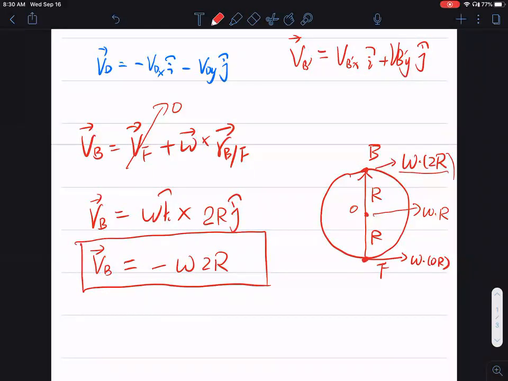If you go up to the center of the wheel, the distance from the contact point is r, and that is omega r as a speed. If you go further up, the distance now is 2r, and the speed is omega times 2r.